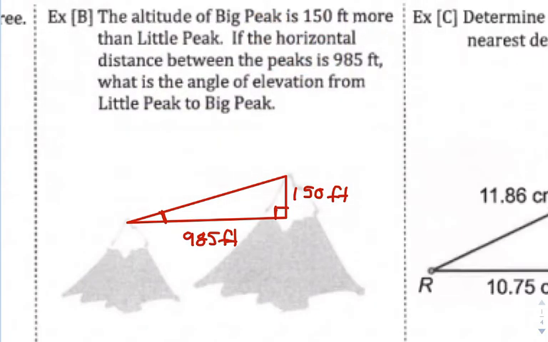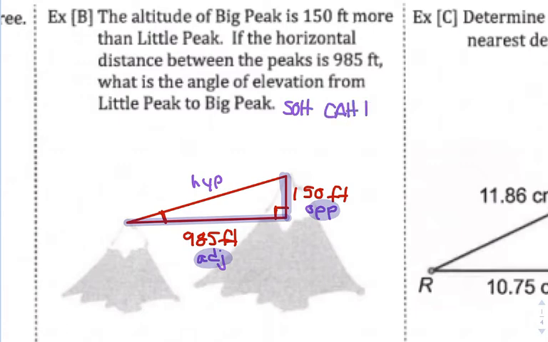So label your sides. What side's your hypotenuse? What side is your opposite? What side is your adjacent? If you notice, we have side lengths on my adjacent side and my opposite side. So I'm going to write my SOHCAHTOA and figure out what trig function I am going to use.